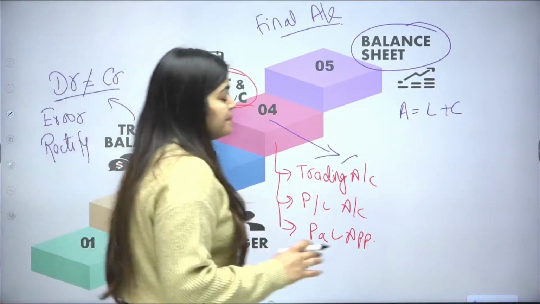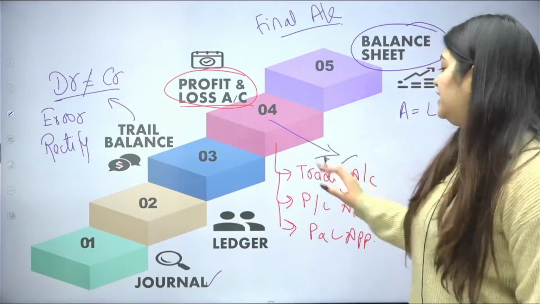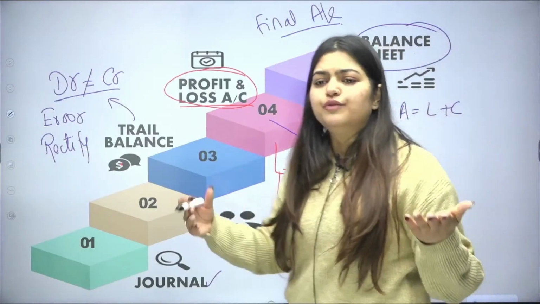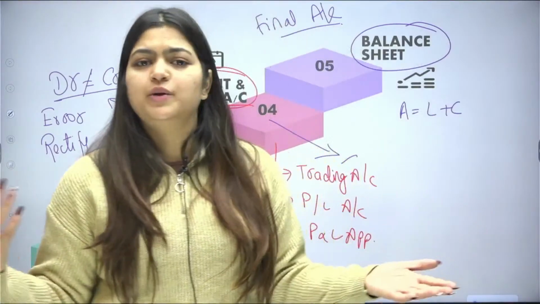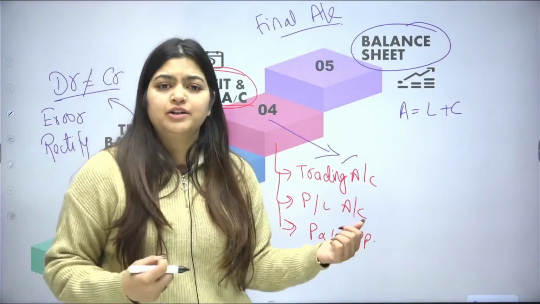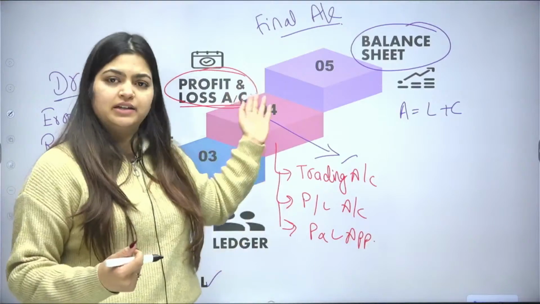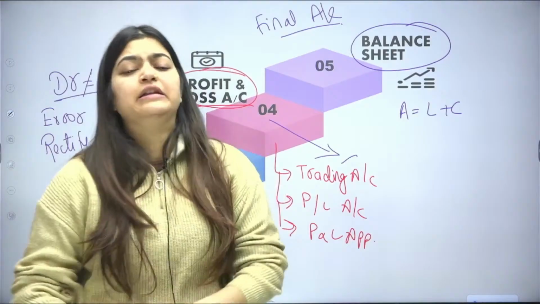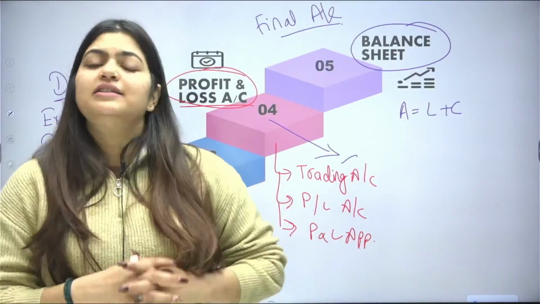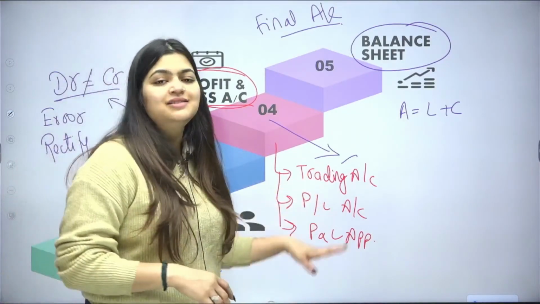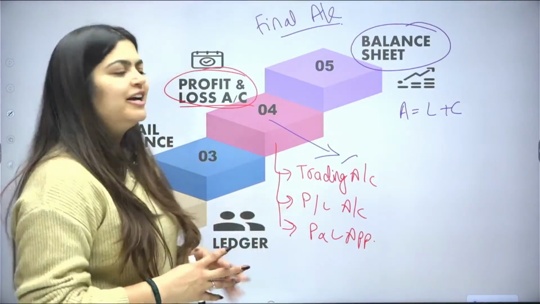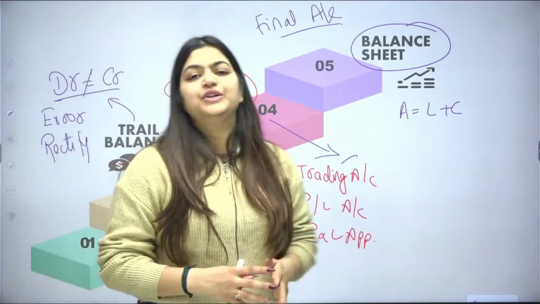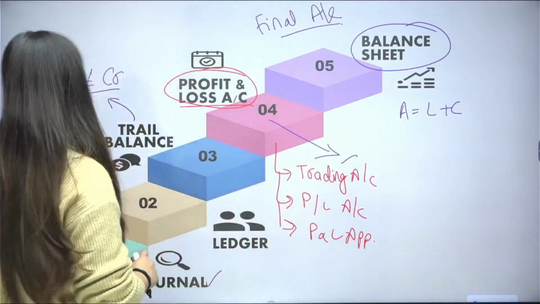So remember, in your P&L account, you will classify into three subparts. Now this depends from business to business, from accountant to accountant, whether they want to prepare it or not. Directly they can prepare P&L account. If that management or that accountant wants to classify in a much better way, then the accountant can classify into these subsections. So these are the few steps which you have completed till now, and now you need to start with final accounts.